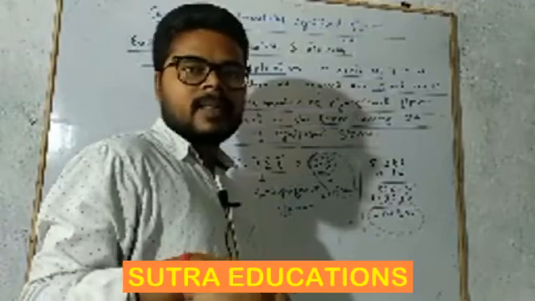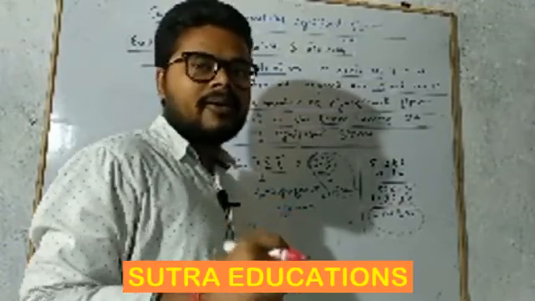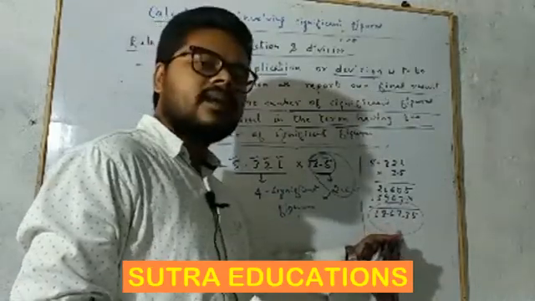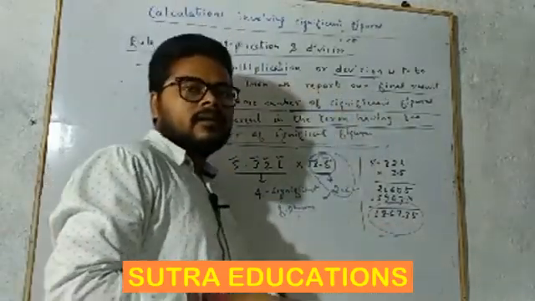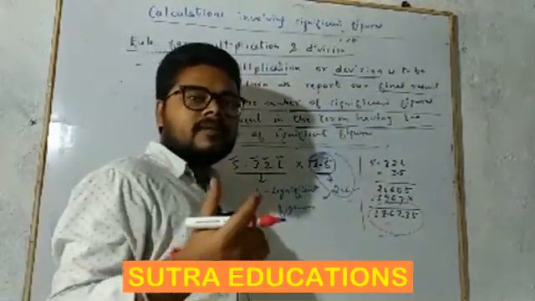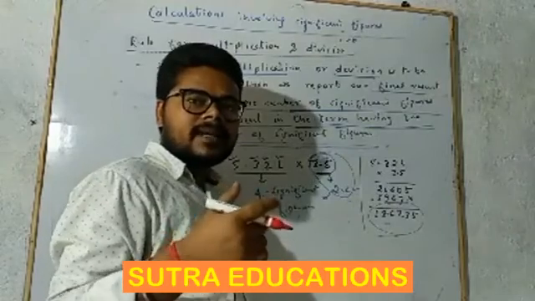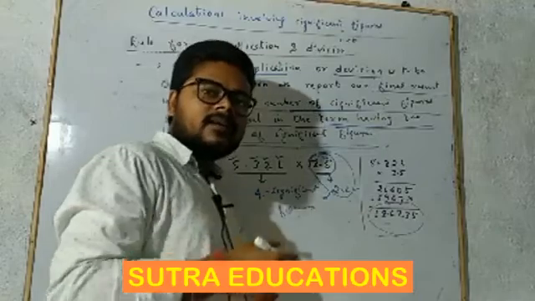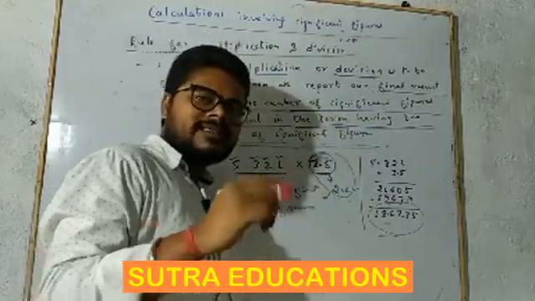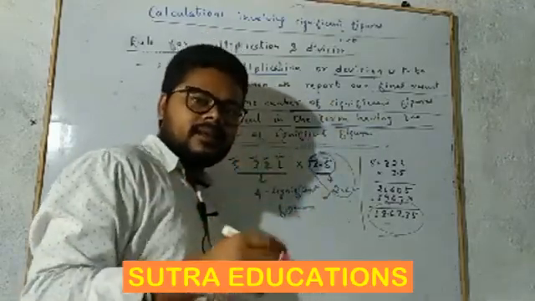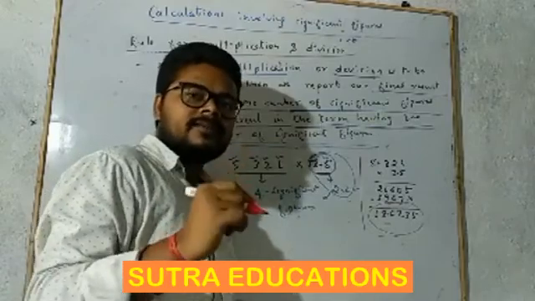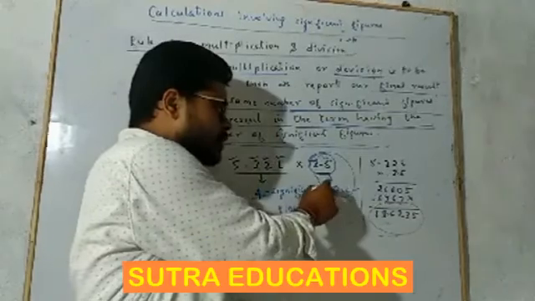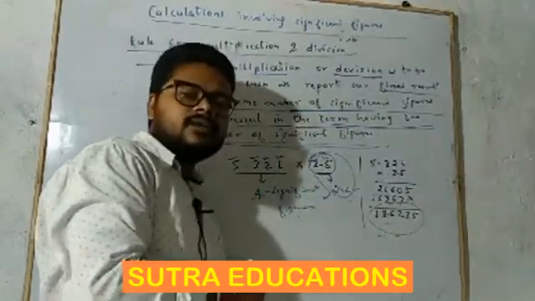But according to the rule, we have to report this final result up to the significant figures which are the same as in the term having the least significant figures. This has 4 significant figures, this has 2, so 2 is the least.